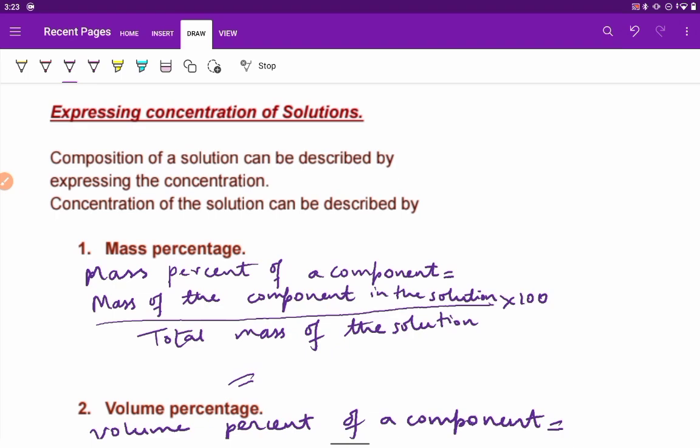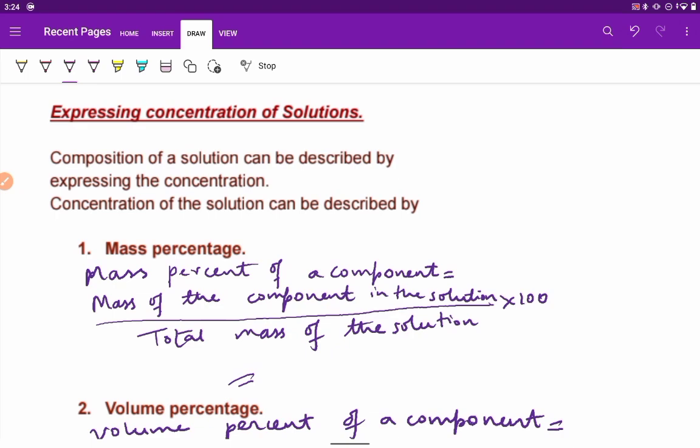Like if we want to express it qualitatively, we can say that the solution is dilute, or we can say that the solution is concentrated. When we say the solution is dilute, we mean that a very small amount of solute is present. On the other hand, when we say that the solution is concentrated, we mean that a large quantity of solute is present.